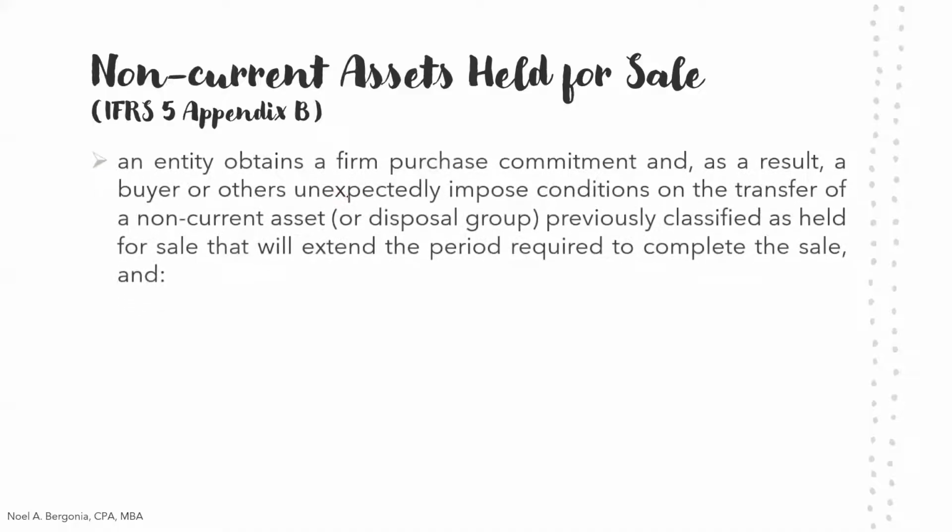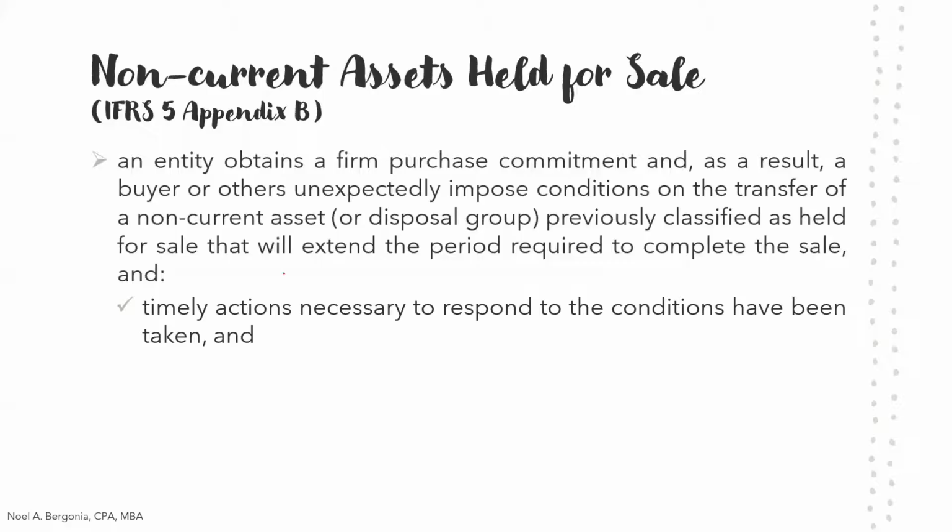Okay, another is an entity obtains a firm purchase commitment, and as a result, a buyer or another imposes unexpected conditions on the transfer of a non-current asset previously classified as held for sale that will extend the period required to complete the sale. Okay, so parang ito rin yung kanina. And timely actions necessary to respond to the conditions have been taken.